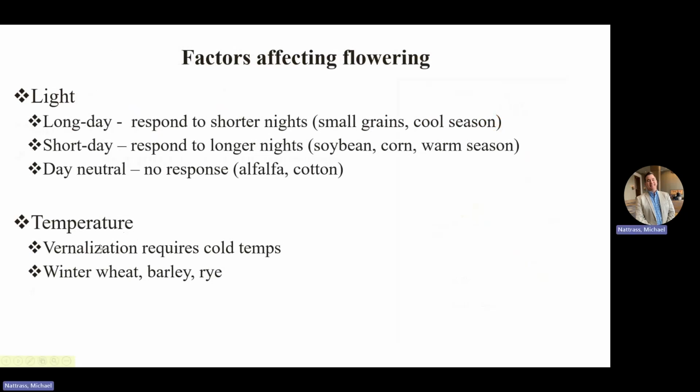Some of them require vernalization, such as apples. My uncle has satsuma trees. There needs to be a cold period. Satsumas are like cuties. They're like the little mandarin oranges. So the buds need to go through this cold process in order for them to continue to grow during the next season.